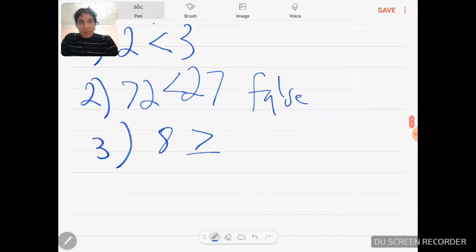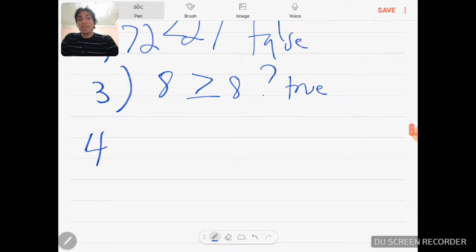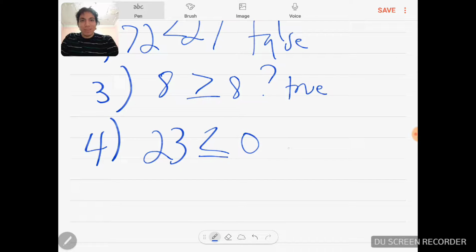What about 8? My question now is 8 greater than or equal to 8? Yes, that's a true statement. Why is it true? Because it's equal to. It may not be greater than itself, but it is equal to it. We'll do one more. 23, is that less than or equal to 0? No, it's false.